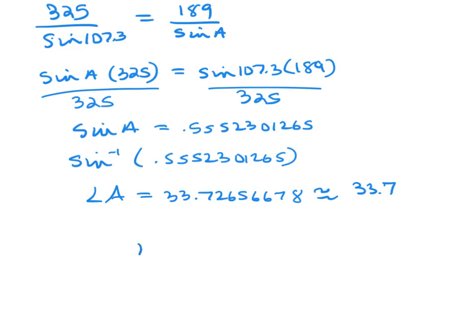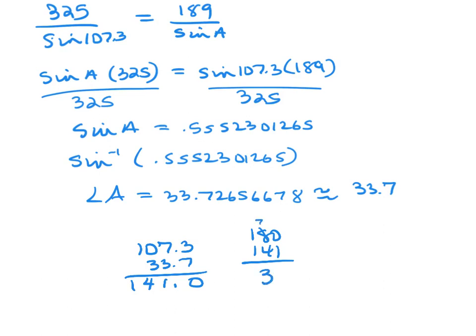So I can add 107.3 and then 33.7. Subtract from 180. And get 39 degrees, which is angle B.